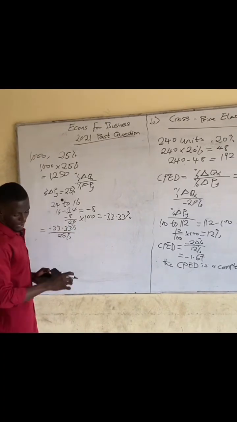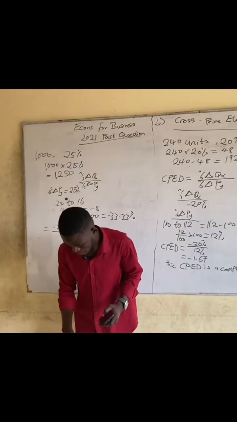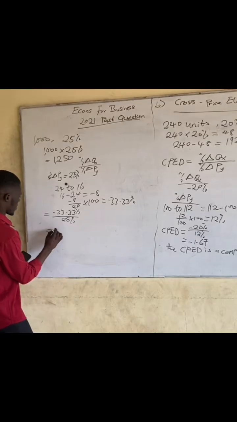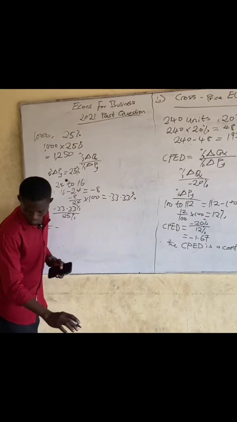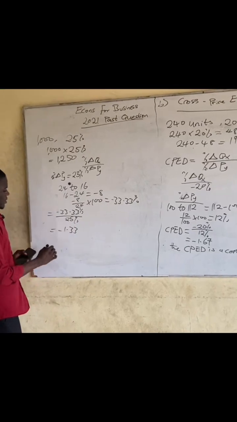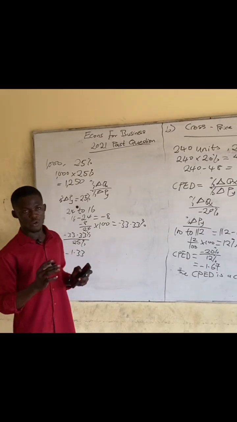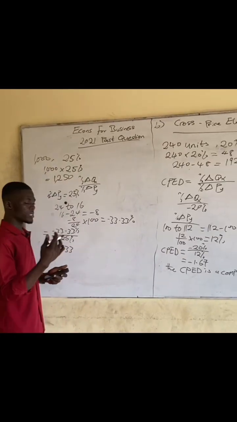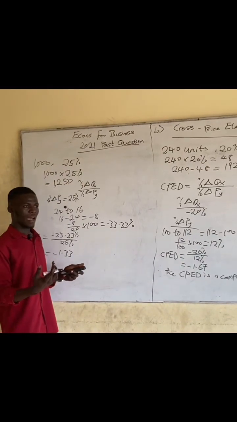So you punch this on your calculator and you will get minus 1.33. So here it also stated that we should interpret our result.